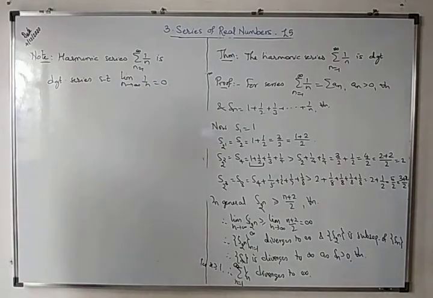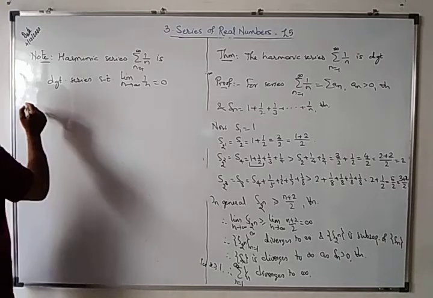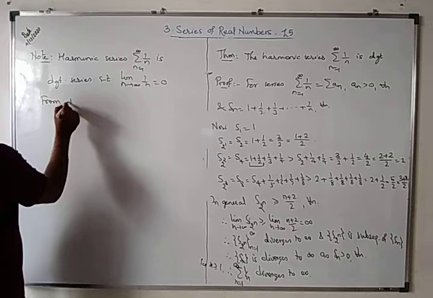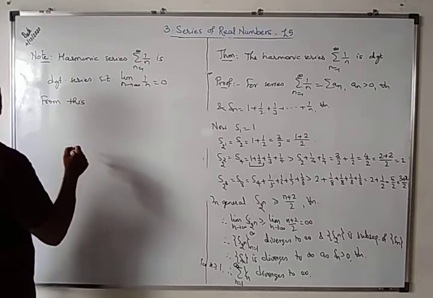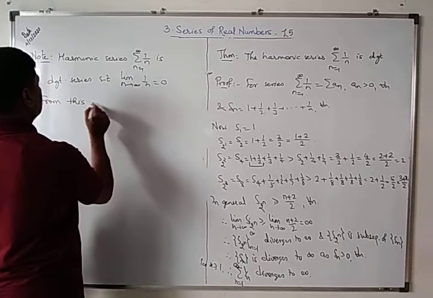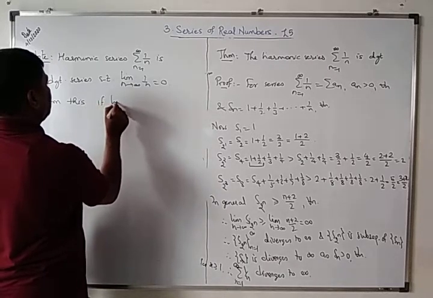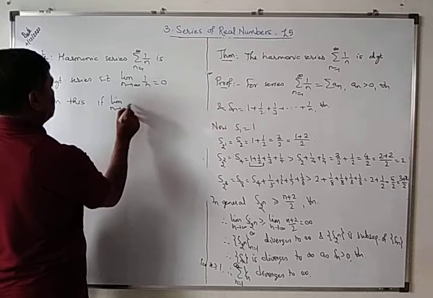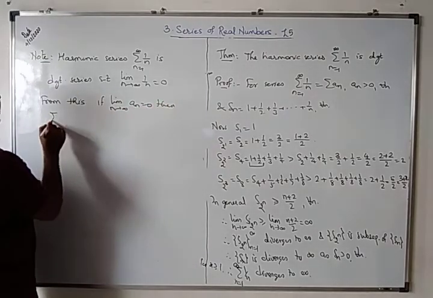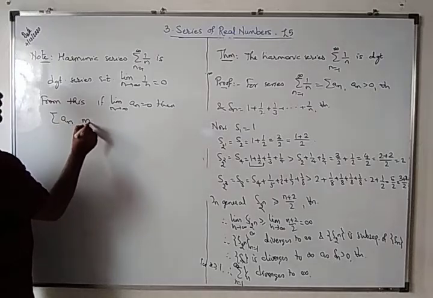From this, if the limit of a_n is 0, then summation a_n may not be convergent.